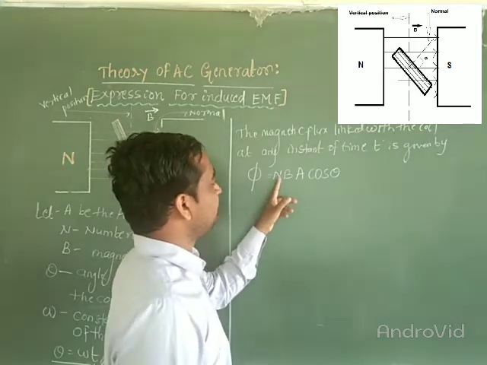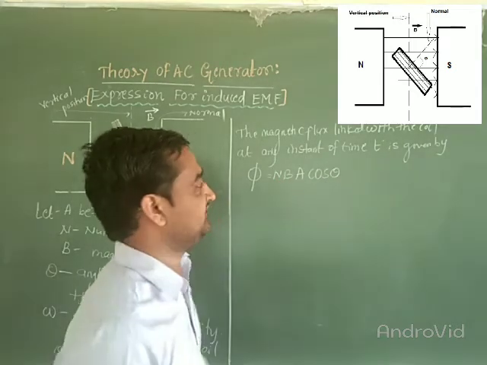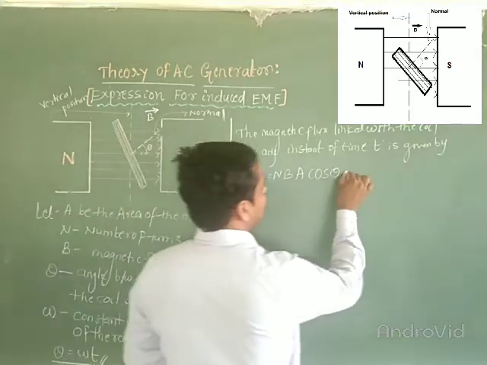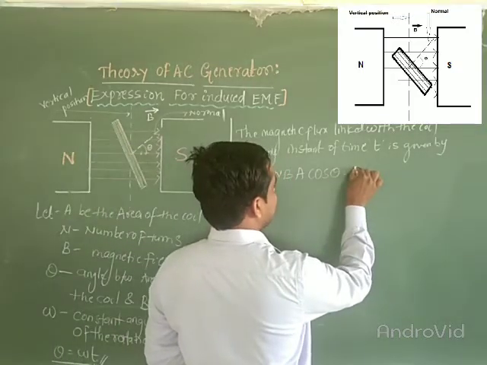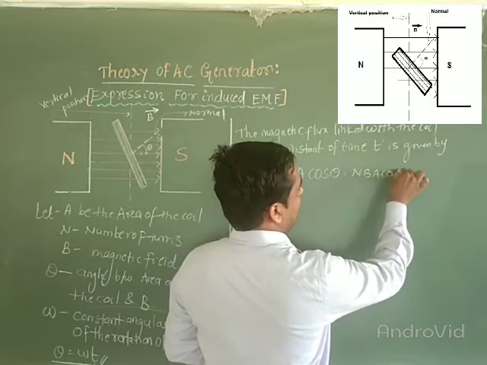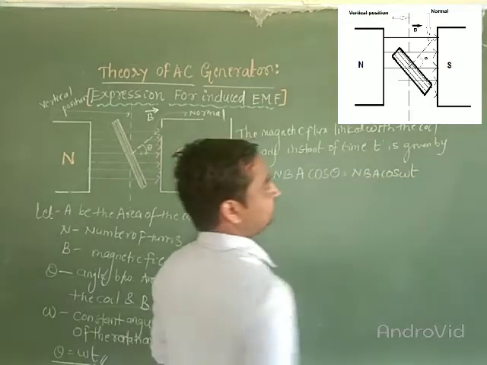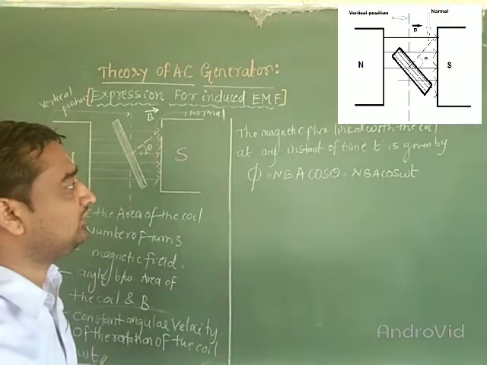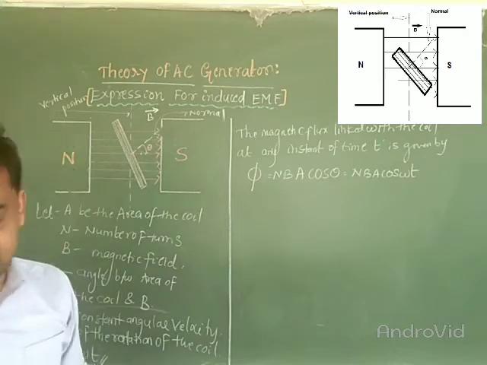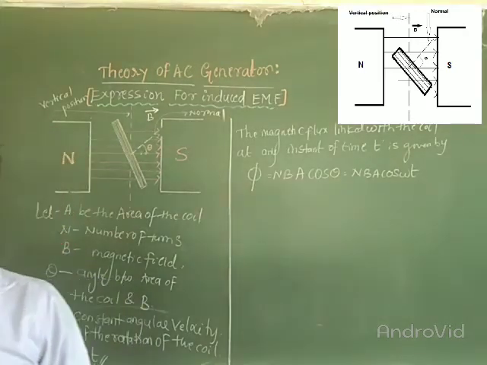Here N number of turns, so it is equal to NBA cos theta. But theta is equal to omega into t. Therefore it is equal to NBA cos omega t.